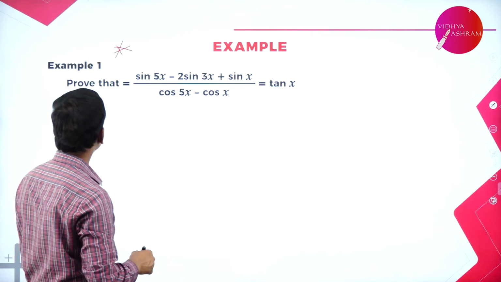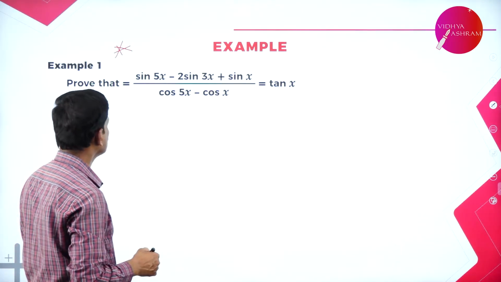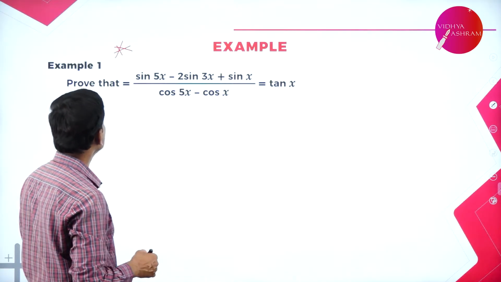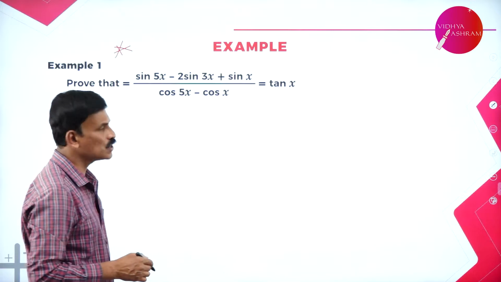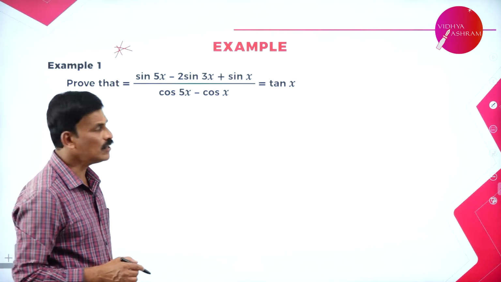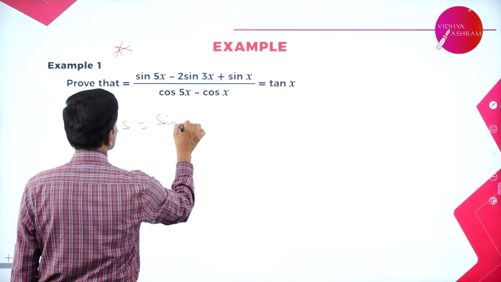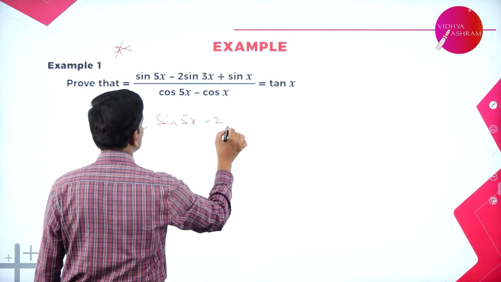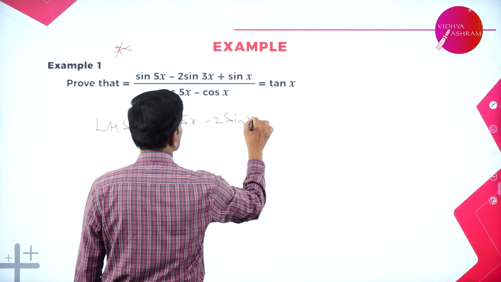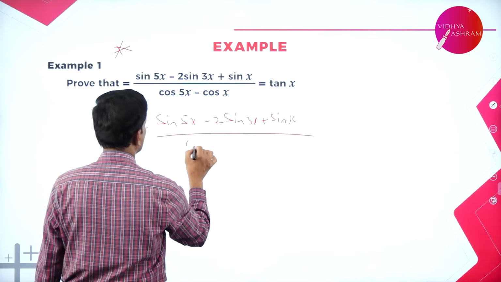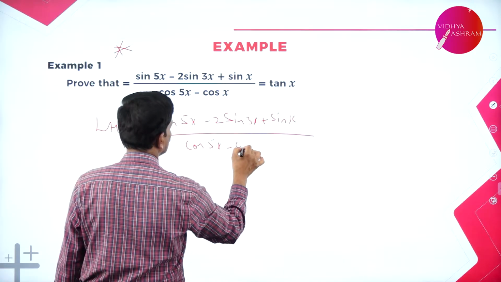Right. What is given? Prove that (sin 5x minus 2 sin 3x plus sin x) divided by (cos 5x minus cos x) is equal to tan x. Now, let us take LHS here. What is LHS? LHS is (sin 5x minus 2 sin 3x plus sin x) divided by (cos of 5x minus cos x).